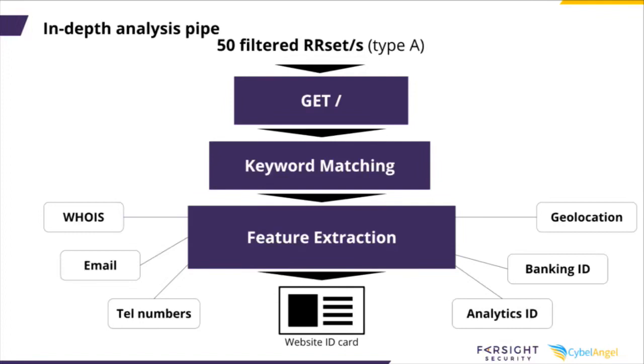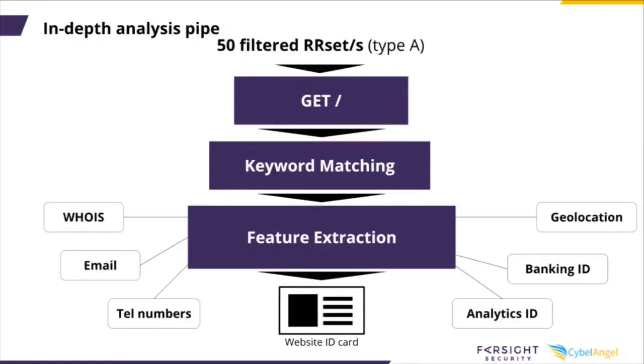What they will do is, obviously, first go to the website and try to fetch the homepage. In the homepage, I will look for the brand-specific keywords, because I told you there are some websites that do not advertise the brands in their domain name. So here I just want to make sure they do sell the goods I'm looking for.